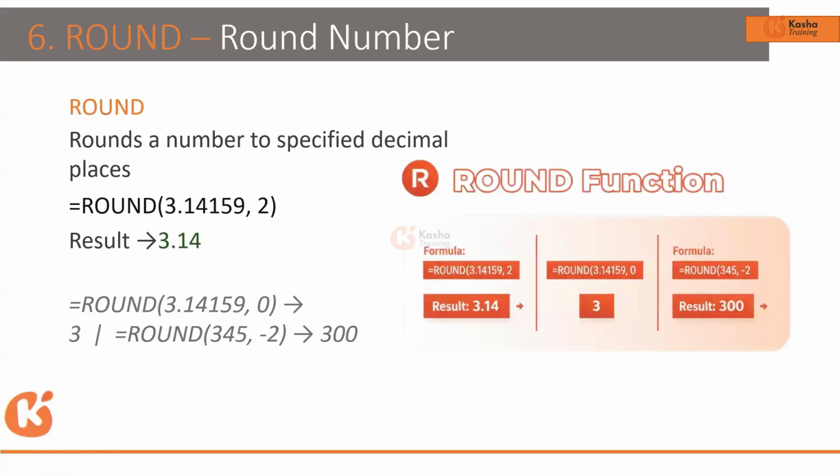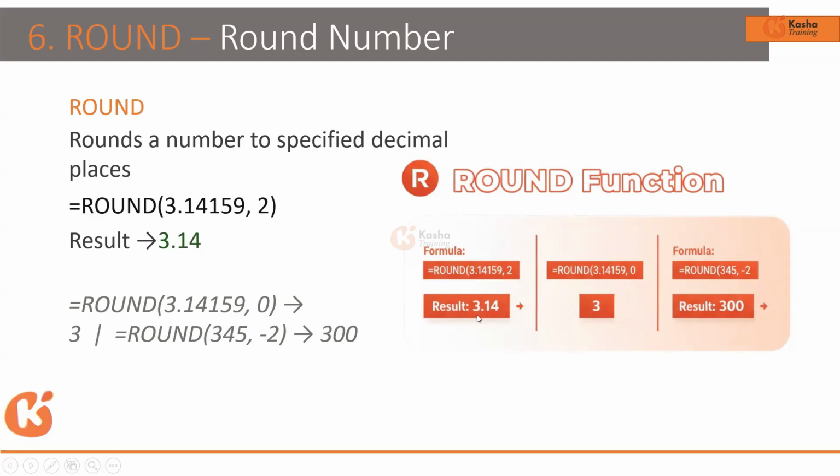Then we have the round function. In the round function, you specify the decimal places to which you round. Let's see three examples here. In the first, the number is 3.1415 and you want to round it to two decimal places.